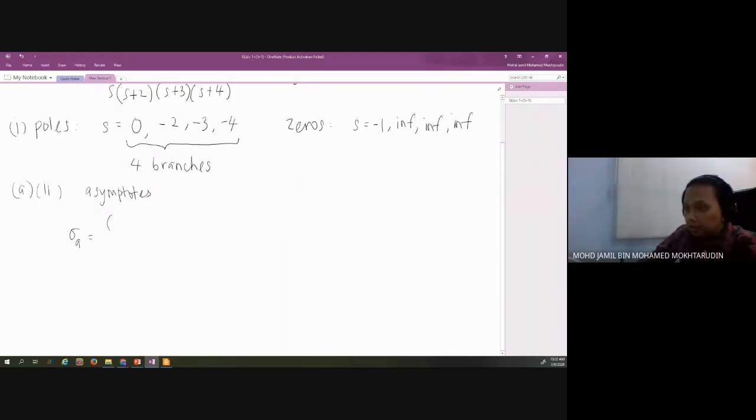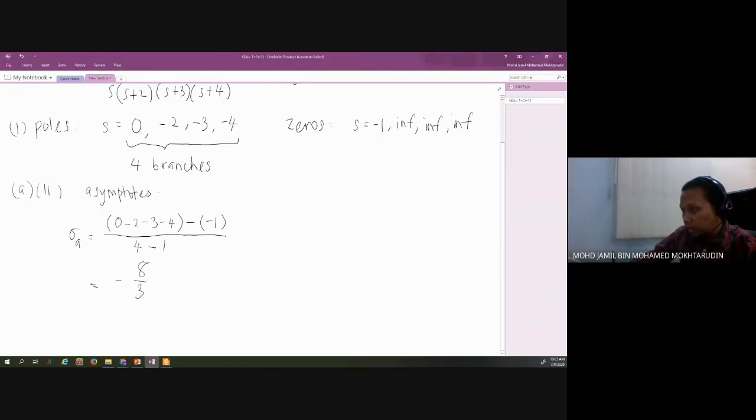So here, sum of poles will be 0, minus 2, minus 3, minus 4, minus the sum of zeros, which is minus 1. And then divided by number of poles, 4 poles, minus 1 zero. Here you will get minus 9 plus 1, so you get negative 8 over 3.